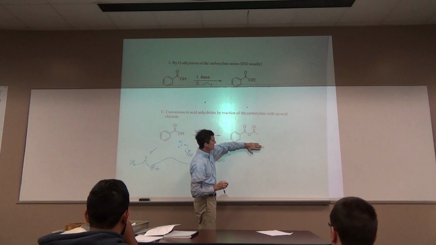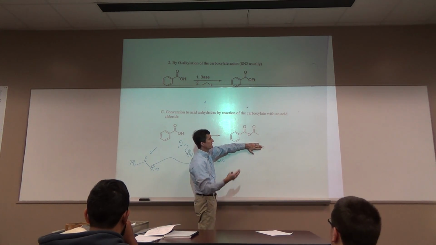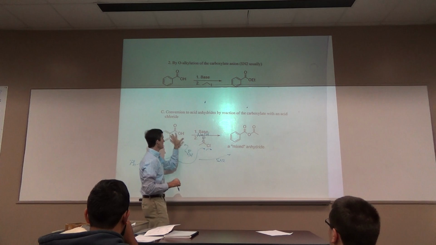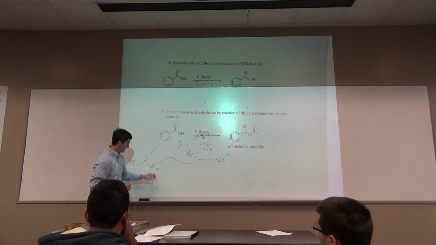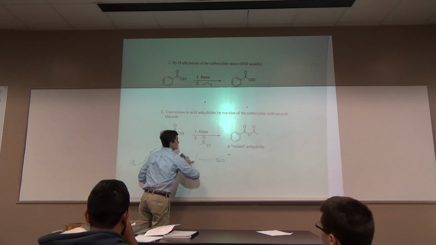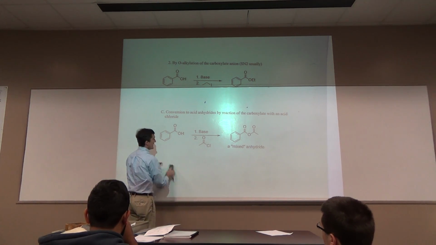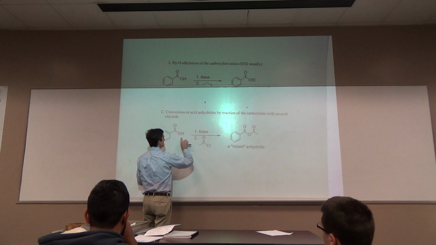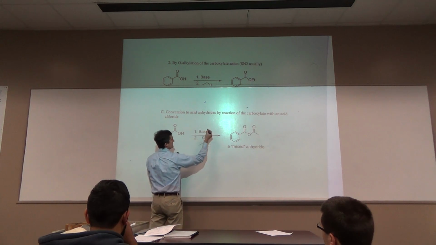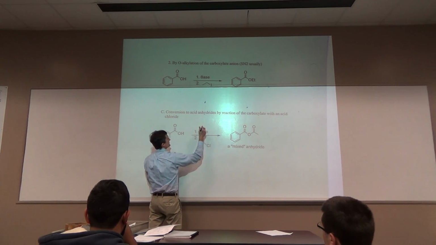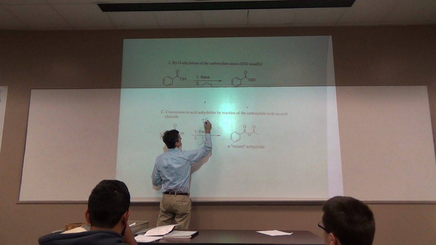This terminology is not important right now. We'll clarify it later. The structure should be clear as to how this reaction takes place. We can get an anhydride in a very similar way. Treat this with base. Let's use a different base here. We've got an acid. Let's use triethylamine.